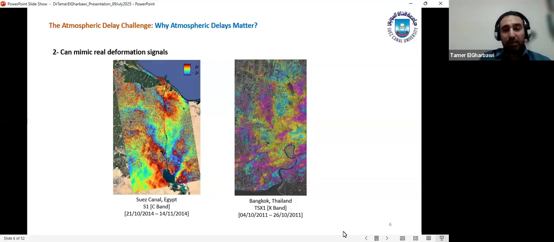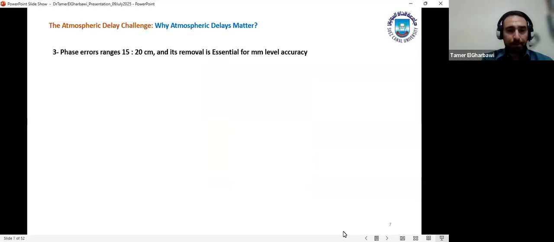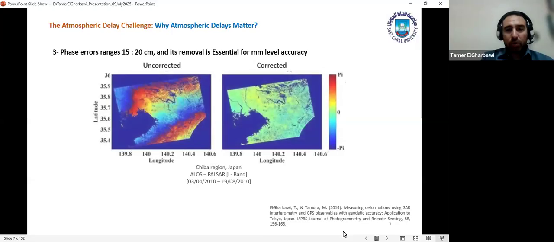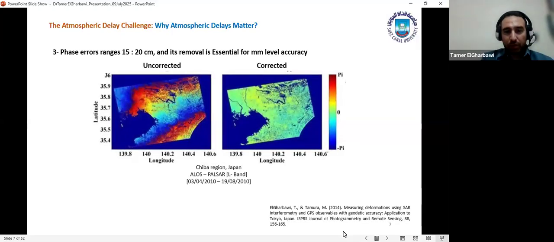Even though this interferogram has a very short temporal time frame, only 2 months, and there was no deformation happening in Bangkok at that time, we can see that a lot of fringes exist in the atmosphere in the interferometric SAR using TerraSAR-X. So the phase can reach ranges of 15 to 20 centimeters. So in order to remove that, it is essential to get some kind of accuracy.